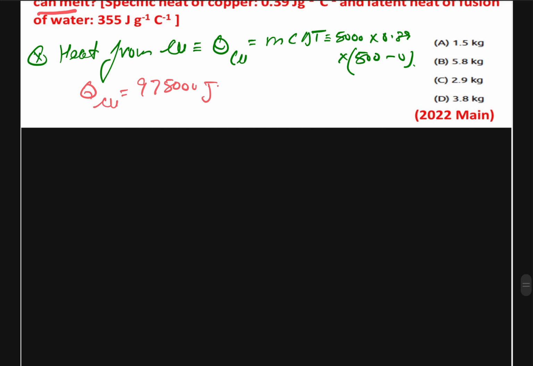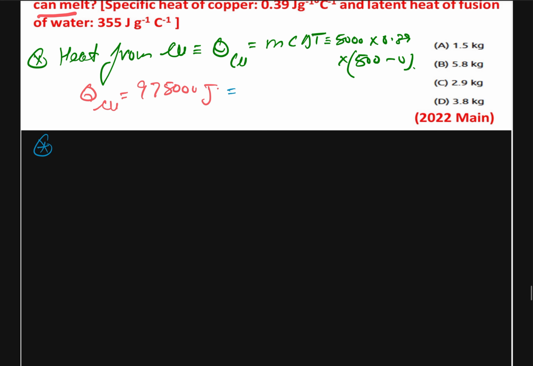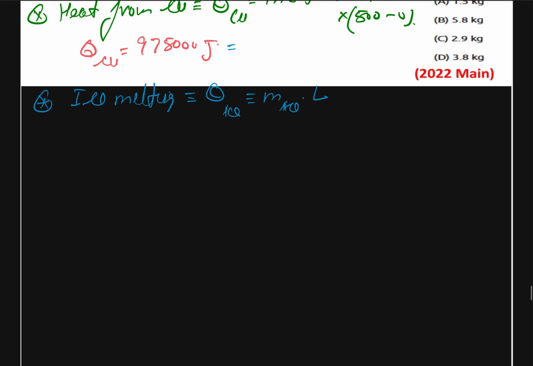the mass of the ice that is being melted by this particular heat is m ice. So we can say ice melting. Let us suppose that heat Q ice will be equal to mass of the ice multiplied by its latent heat. And according to conservation, this Q ice should be equal to Q copper, because entire heat is being consumed by the ice, so they should be equal.